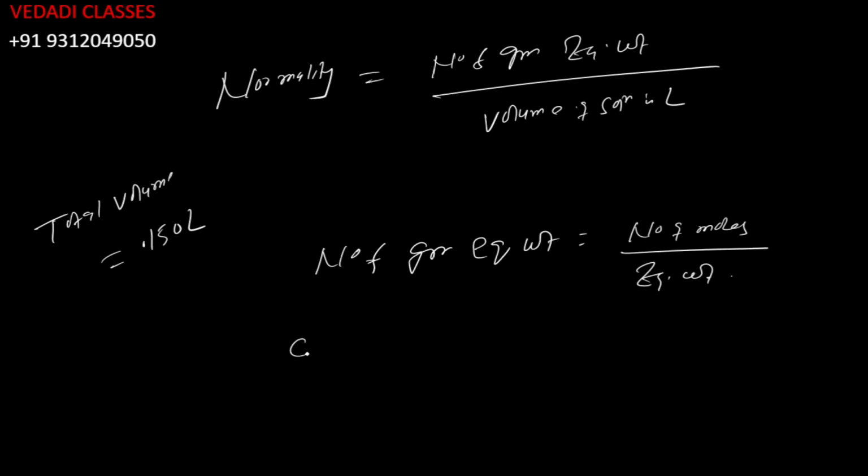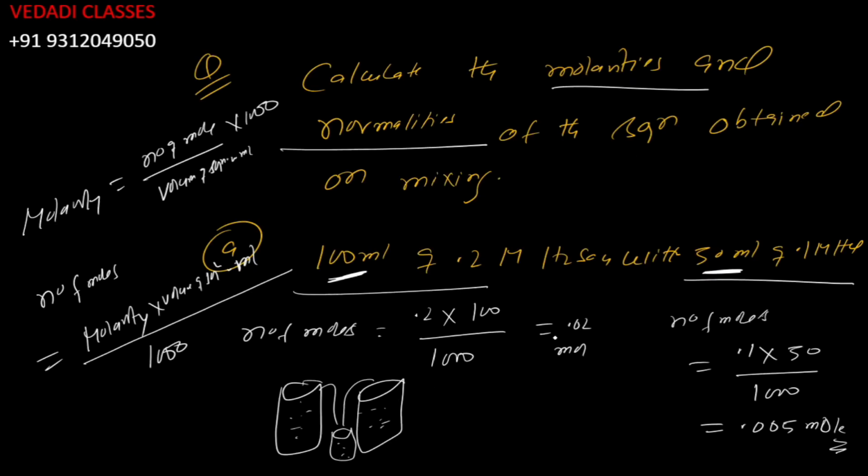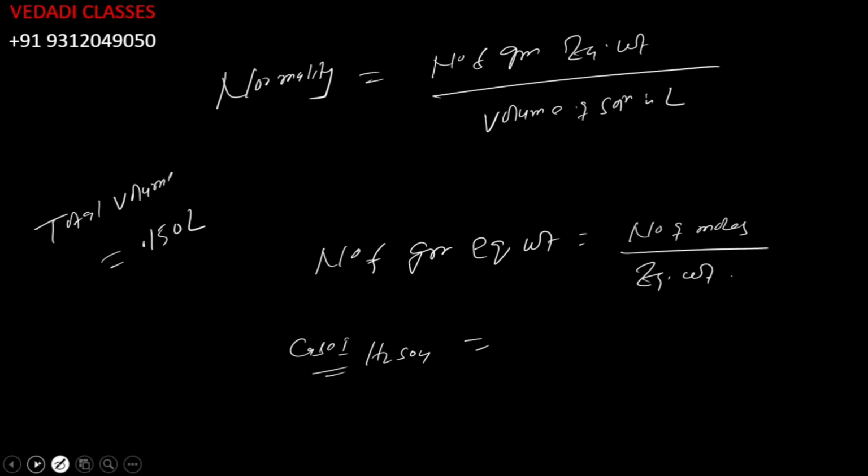In the first case you have H2SO4. The number of moles of H2SO4 is 0.02, and of HCl is 0.005. The equivalent weight of H2SO4 is the molar mass 98 divided by 2, that's 49.